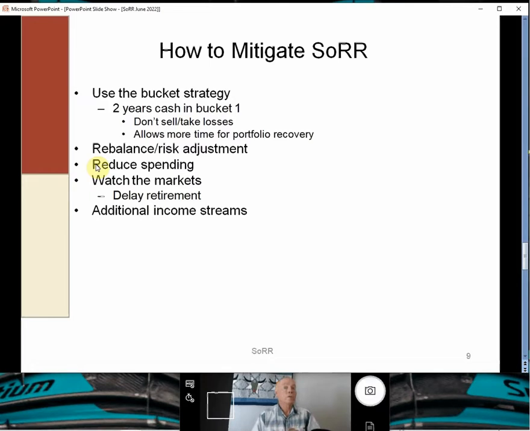We just wanted to be very conservative until such time that we became more familiar with our spending in retirement and got comfortable with the whole notion of decumulation, spending our own money to cover our living expenses. So I think that's just something to consider in general: reducing your spending in times where markets are going down is a strategy that has merit.